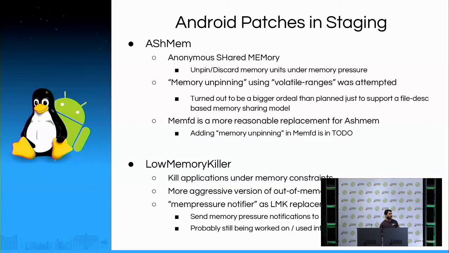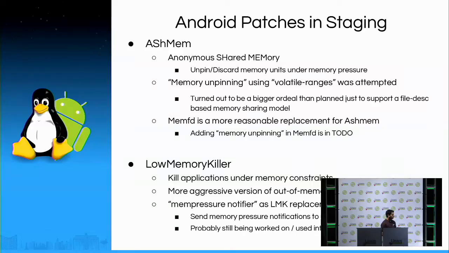Memory notifiers is what people are looking at, and whether they want this killing of applications to be handled through user space. So just notify the user space that okay, we are running out of memory and this particular application is something you should get rid of. So mainline developers are looking at using mem pressure notifiers as an LMK replacement.